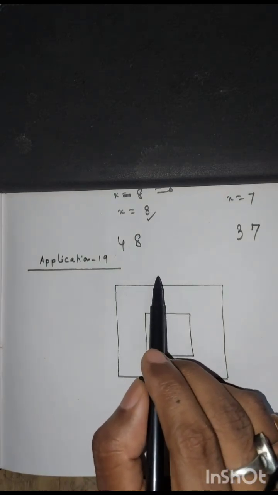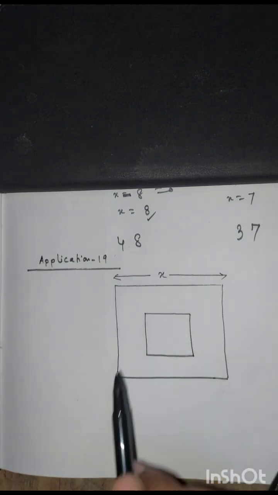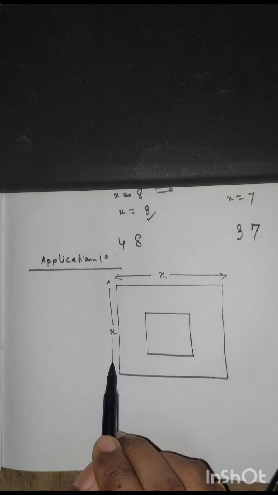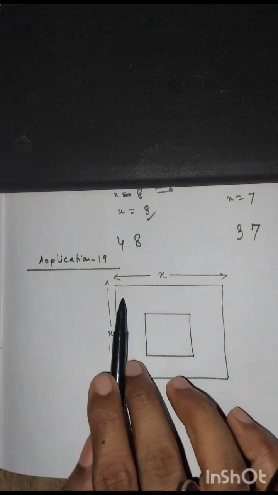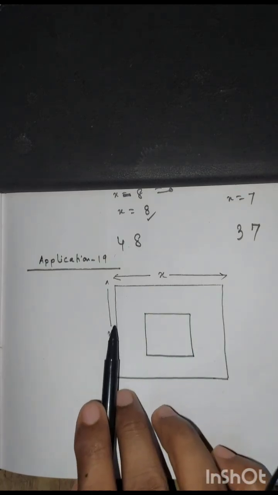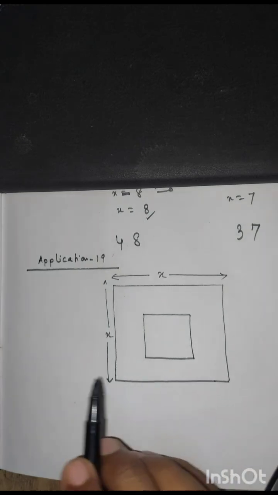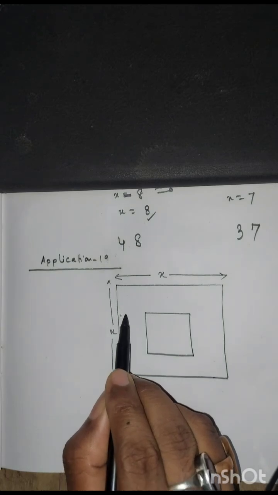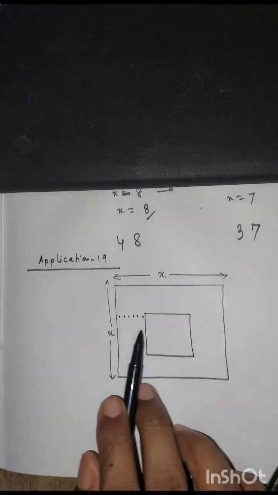Let us assume there are x students in one row and there are x students in one column. X number of students in one row, x number of students in one column, and the depth is 6 students. That means this depth: 1 2 3 4 5 6. So there are 6 students.